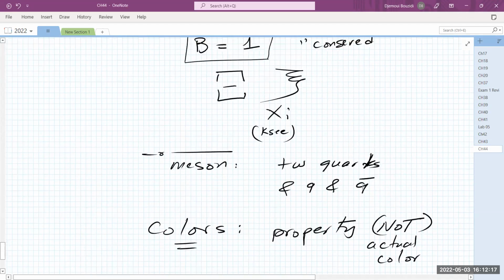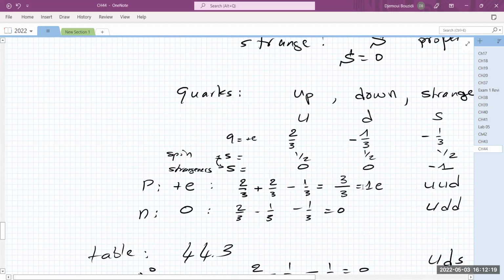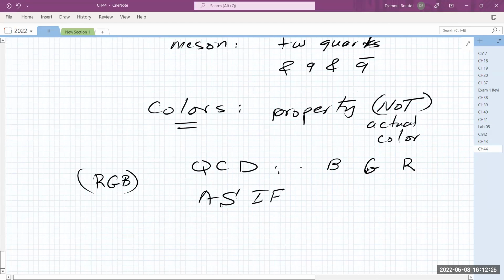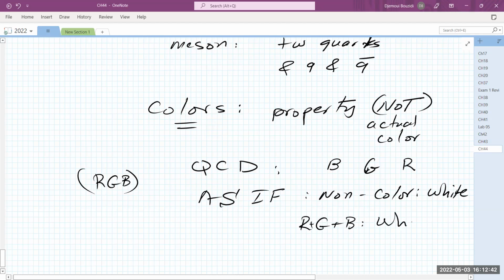Quarks really don't have the physical color we know, red, green, and blue. But the property makes sense with RGB, because when they mix, they form non-color, which is white. If you take red, add green, and add blue, you get white.